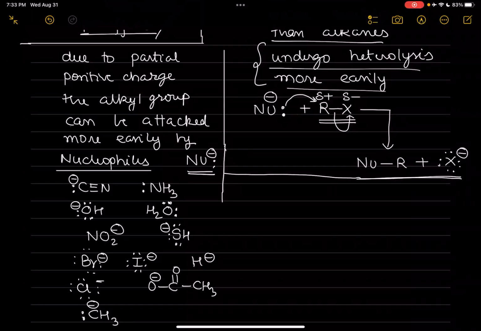Is it addition? Is it elimination? Is it substitution? It is a substitution reaction, because one group is replaced by another group. And who is doing this substitution? Who is coming and pushing away the halide? The nucleophile. So it is a nucleophilic substitution reaction.